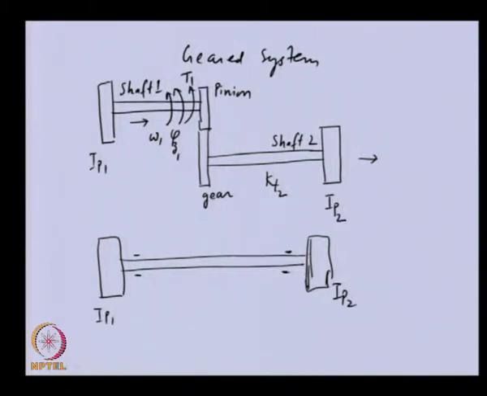Basically you can visualize this as if we enclose this particular gear system, including the second shaft and the second flywheel, into a black box kind of thing, and the same thing is here.